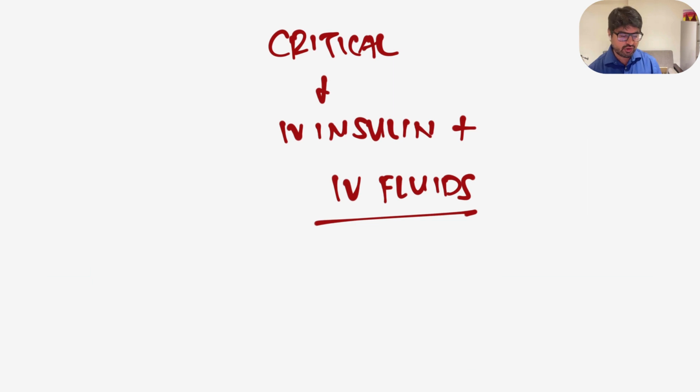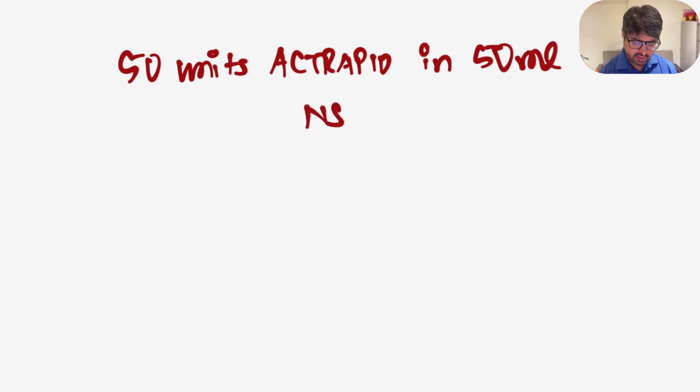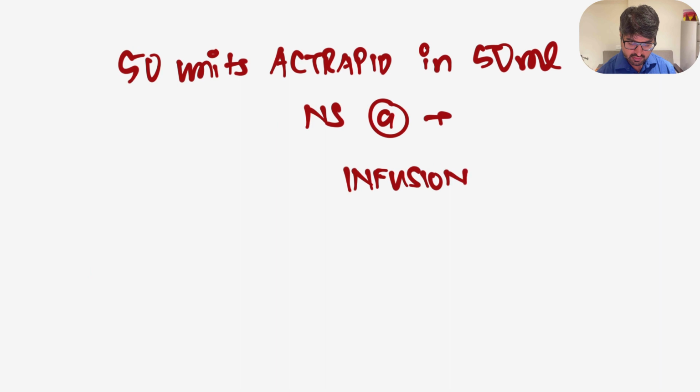Okay, now how do you do an IV insulin system? We generally use 50 units of regular human insulin, let's say Actrapid, in 50 ml of normal saline, and this is given through insulin infusion in an infusion pump, right?